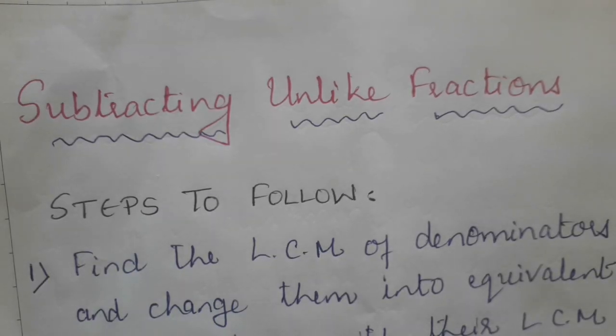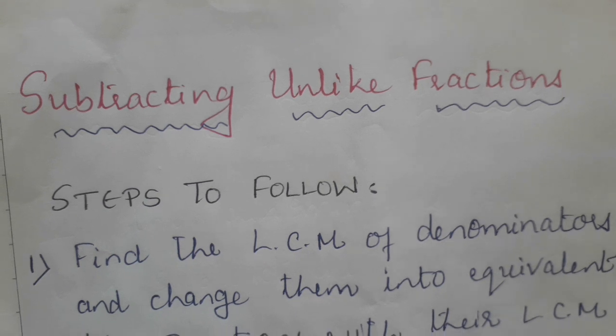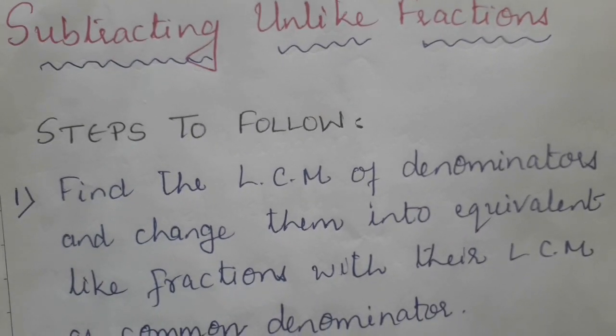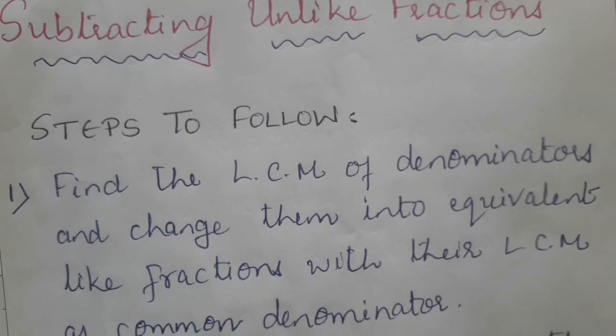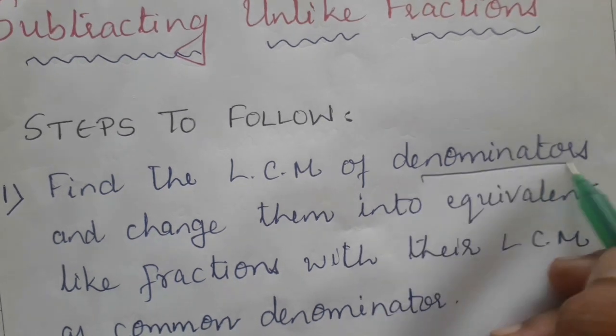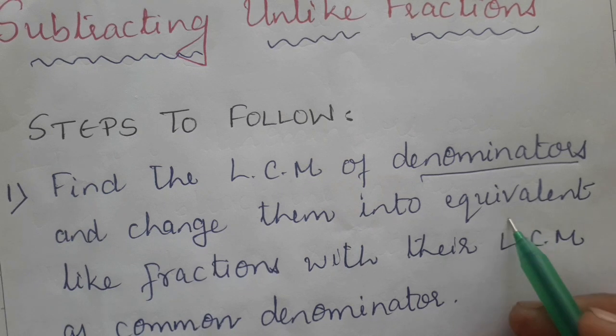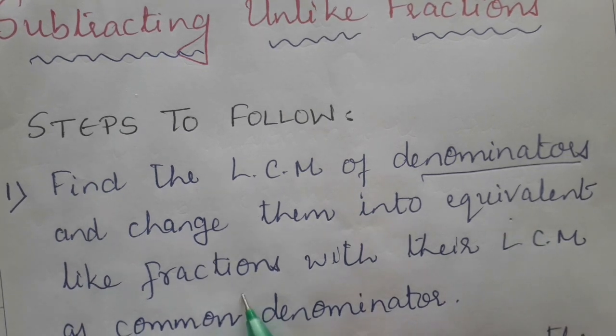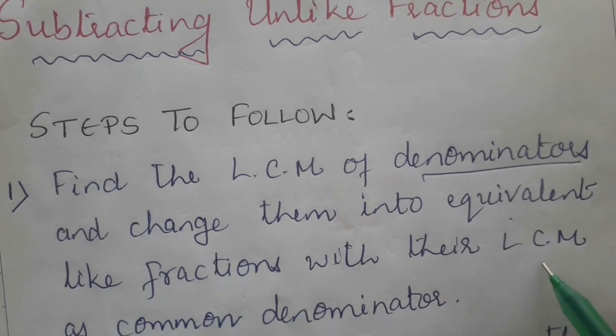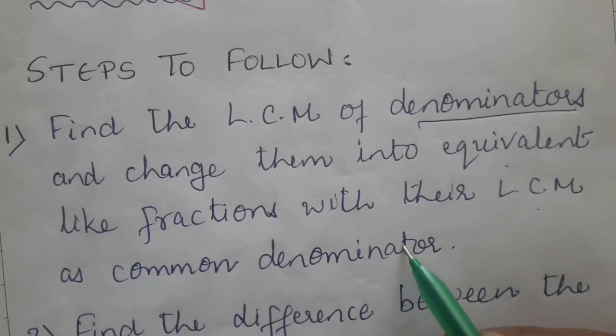Okay. Now what will you do if the fractions given are unlike? What are the steps you are going to follow? First step is you have to find the LCM of the denominators and change them into equivalent like fractions with their LCM as a common denominator.